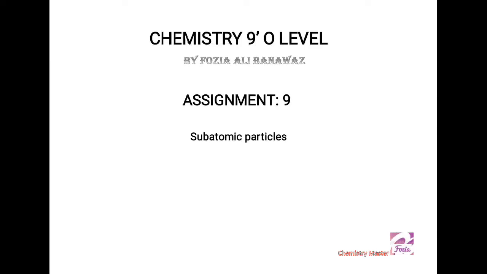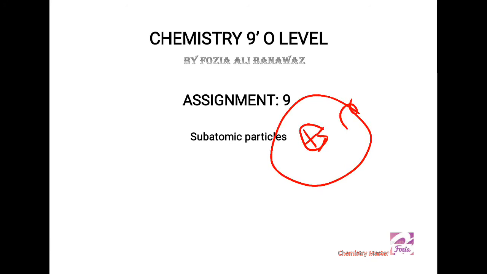These smallest particles are still composed of more particles which make up a single atom. Suppose an atom is defined as a sphere. This atom is made up of protons, neutrons and electrons. These particles are present in the atom and they are smaller than the atom. That's why they are called subatomic particles.